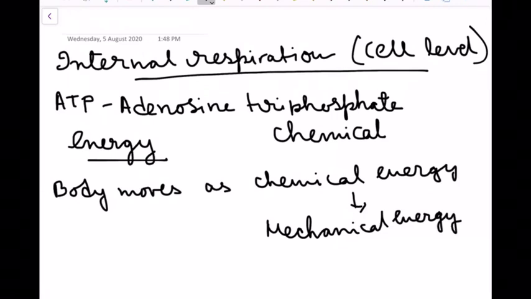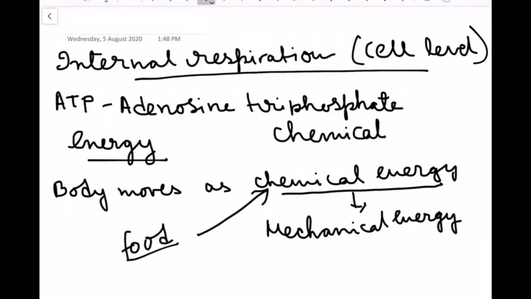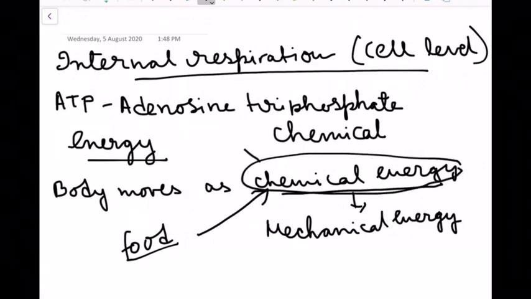Now, where do we get this chemical energy from? We get the chemical energy from food. And what is this chemical energy? This chemical energy is nothing but is in our body in the form of ATP, or adenosine triphosphate.